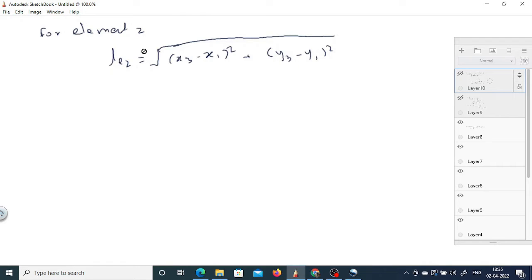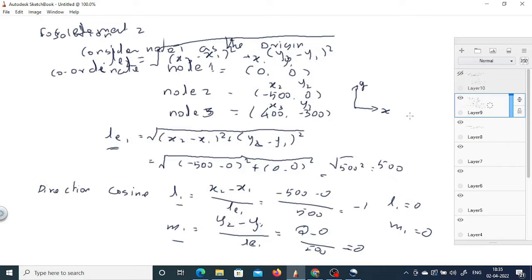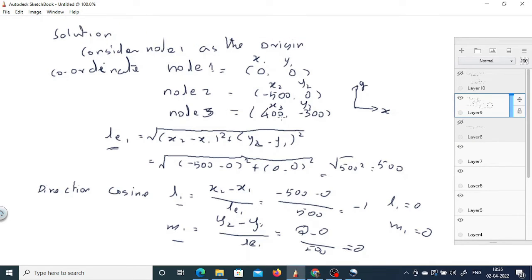If I substitute the values, x3 is 400, x1 is 0, y3 is minus 300, y1 is equal to 0.